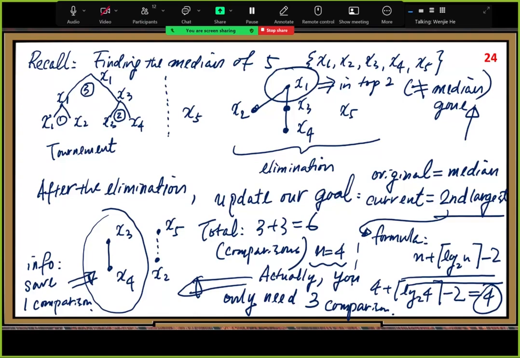Recall, we did this before, right? I hope you can go back to look at our older notes and the video, if you want to. But here, because I recall, I give you all the details.